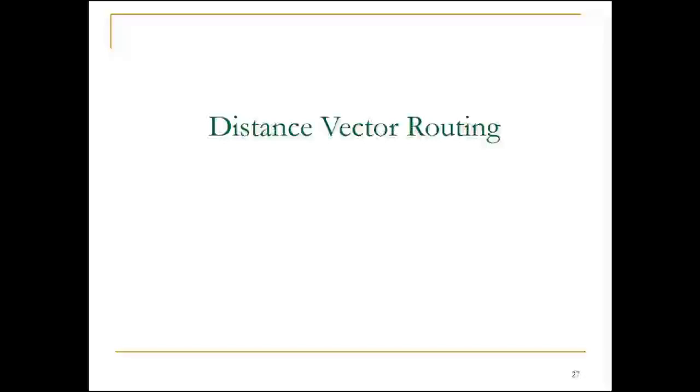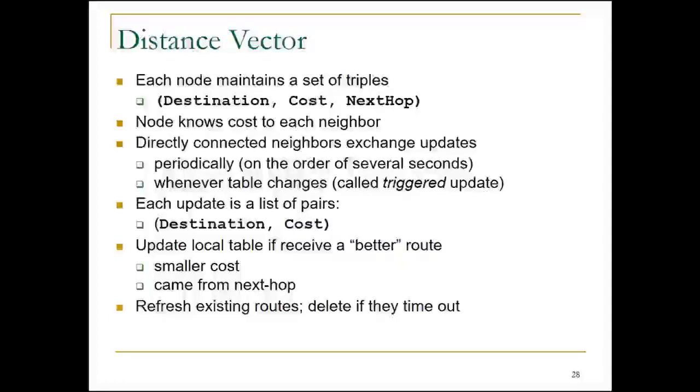So let's figure out what kind of algorithm is implemented within a distance vector routing implementation. When it comes to distance vector, each node maintains a set of triples: the destination, the cost for a particular link, and the next hop.